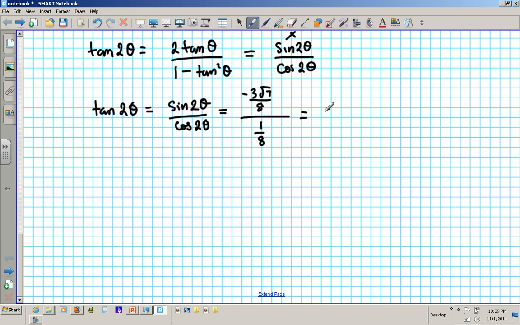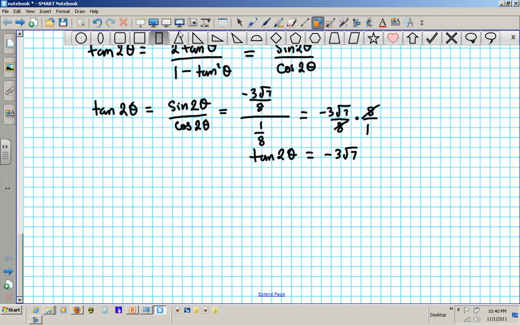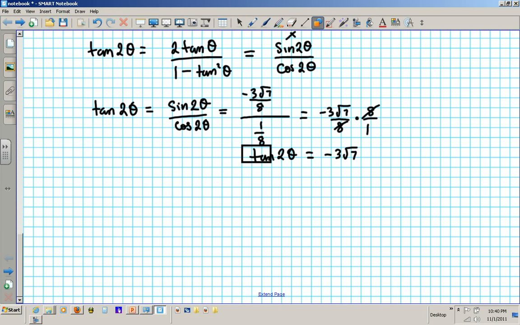You drop the top, negative 3 root 7 over 8. Change it from division to multiplication, and you reciprocate the denominator, 8 over 1. Okay? The 8's cancel out, and your final answer is negative 3 root 7. And that's the value of tan 2 theta. Alright, so there goes our third result.